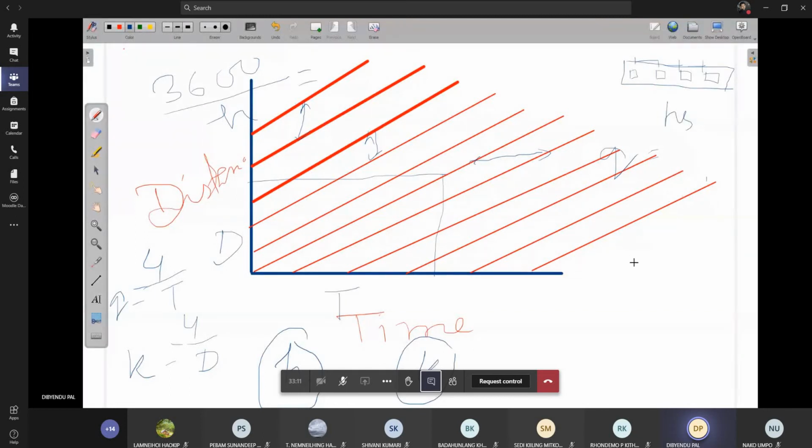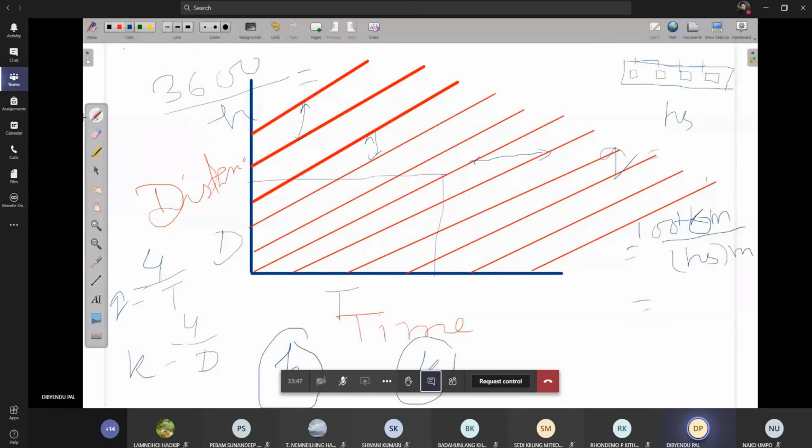Now if I want to find out the relationship with other parameters, what I can write is 1 kilometer divided by space headway. What will you get? The total distance is 1 kilometer, and I am dividing this by space headway. Space headway is in terms of meters, so 1 kilometer means 1000 meters.